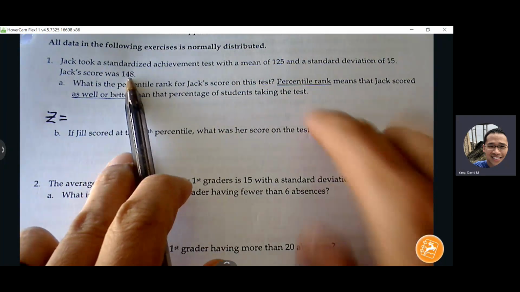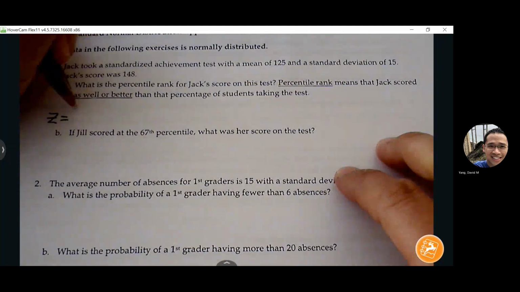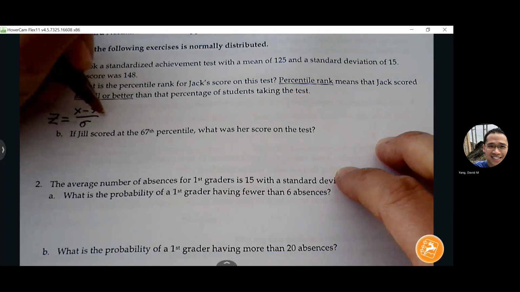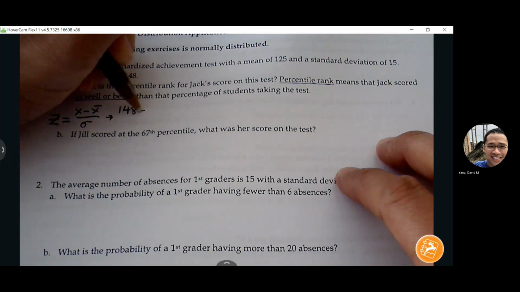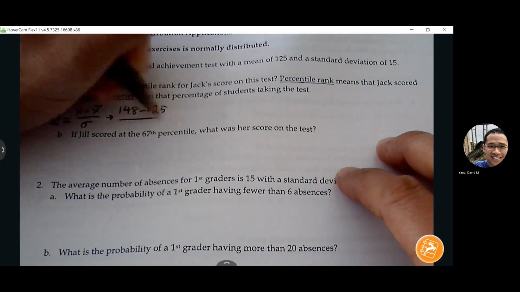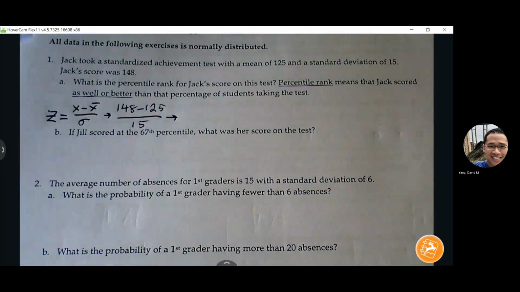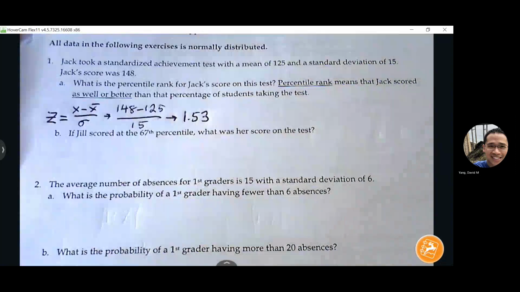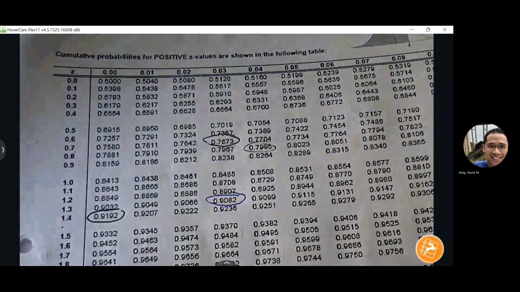There's my x, there's my x bar, and there's my sigma. Okay, go to your table, 1.53, that's on page 3.